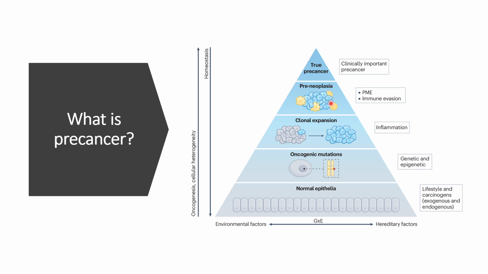Thereafter, it reaches the true precancer stage, where there is a very high probability for these mutated cells to form a cancer, and then go through the EMT stage to spread across different organs.